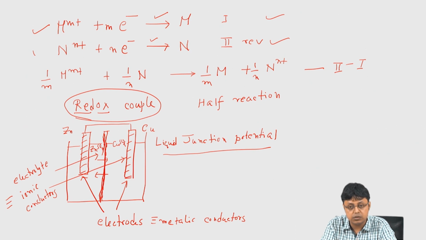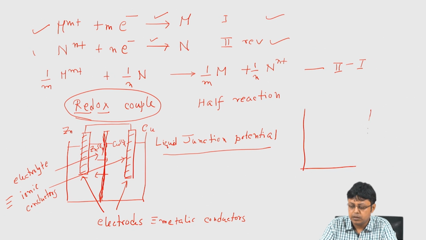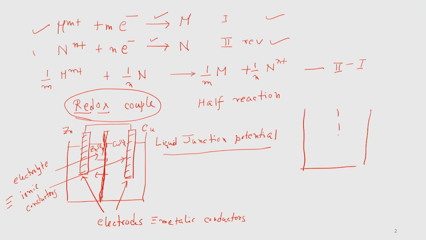If there is any additional source of potential difference coming from the liquid junction potential, we usually want to eliminate it, and for that, suppose these are the two electrodes, instead of connecting them through a porous membrane, we connect them through something known as a salt bridge.